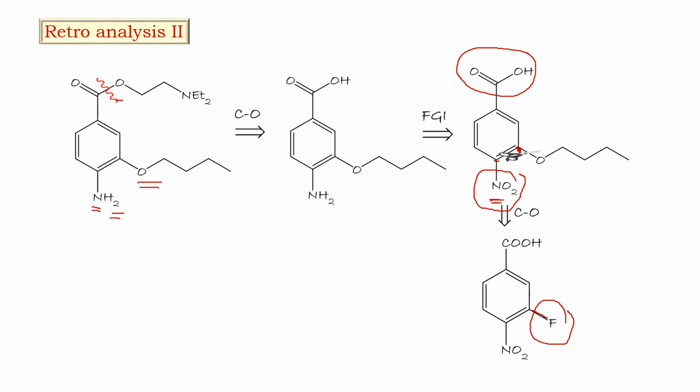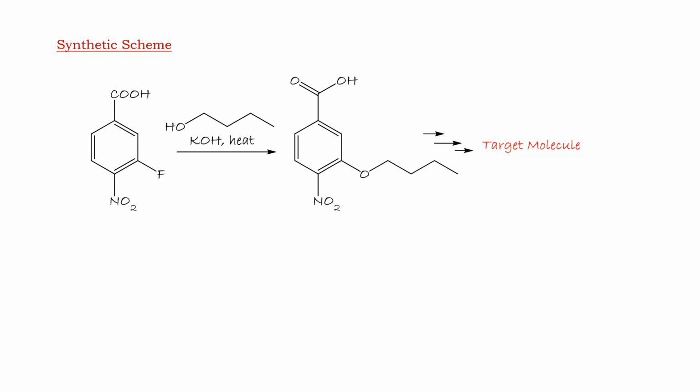And we follow the same synthetic scheme after that. So we start with this compound, and that's, by the way, commercially available. React that with potassium hydroxide in heat of butanol, so forming the alkoxide which attacks on this carbon, nucleophilic aromatic substitution, giving this species.